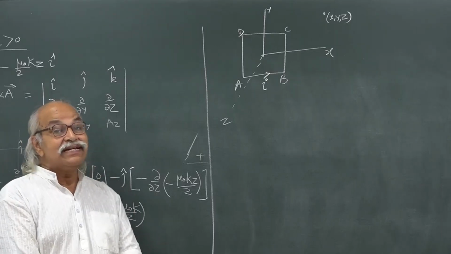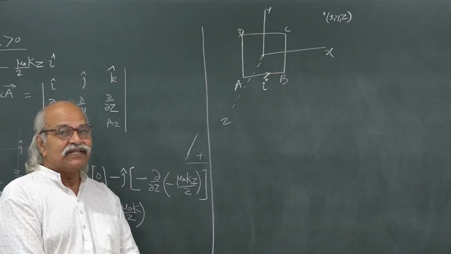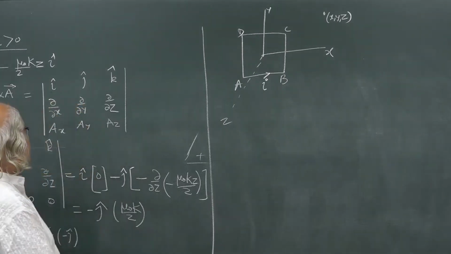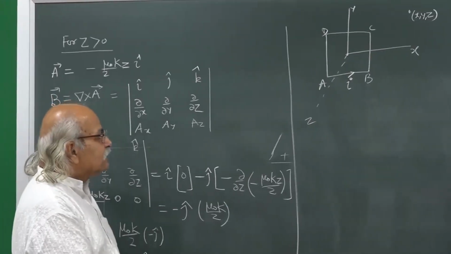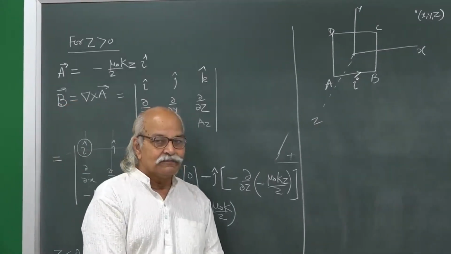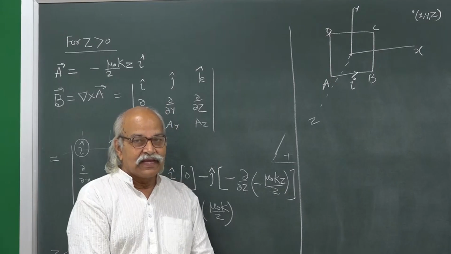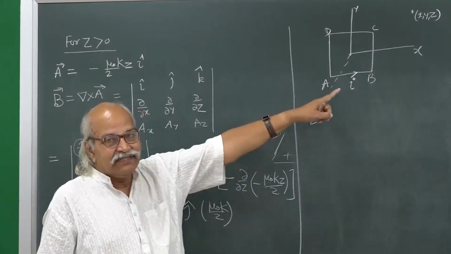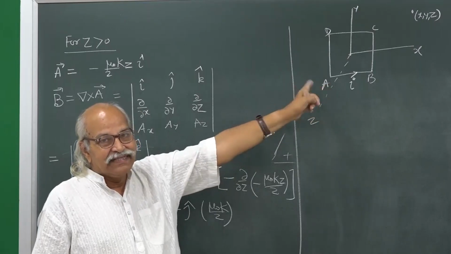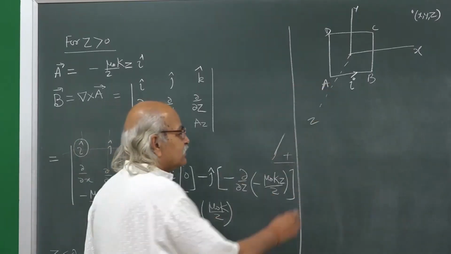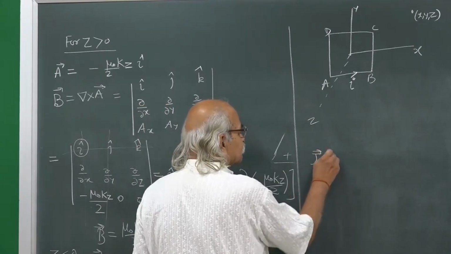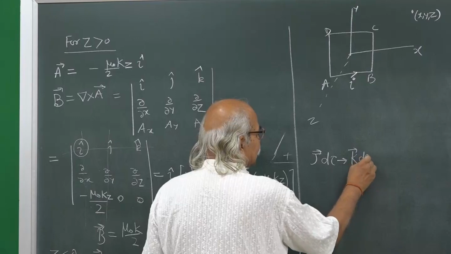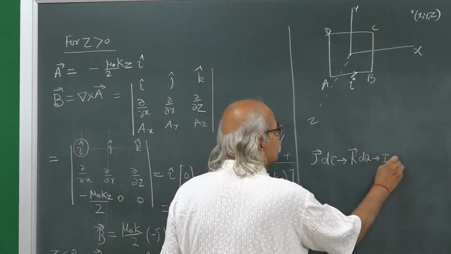And this is now linear current. In the previous example, we had taken surface current. This time it will be linear current, and correspondingly, whatever is the linear current given, that will be I. J d tau is replaced by K dA, which is replaced by I dL.